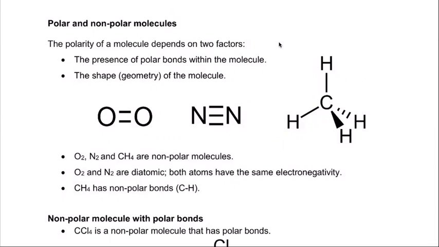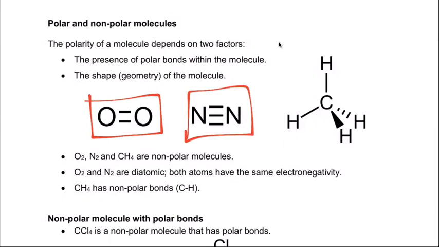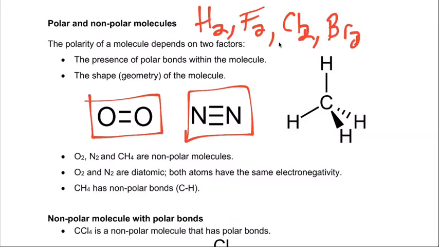Sometimes molecules are just made up of one bond, like all of our diatomic elements. So here's oxygen, O2, and nitrogen, N2. Oxygen is just 2 oxygen atoms double bonded. Nitrogen is just 2 nitrogen atoms triple bonded, and all of the other diatomic elements are the same: hydrogen, and then all of our halogens, fluorine, chlorine, bromine, and iodine.